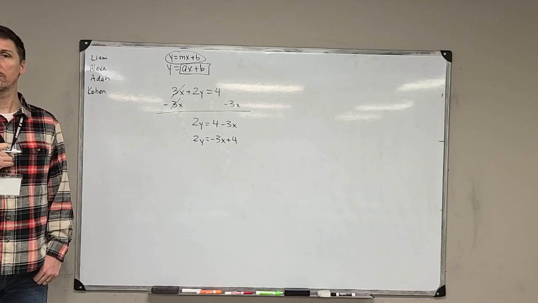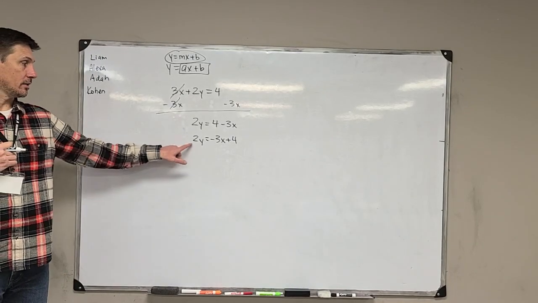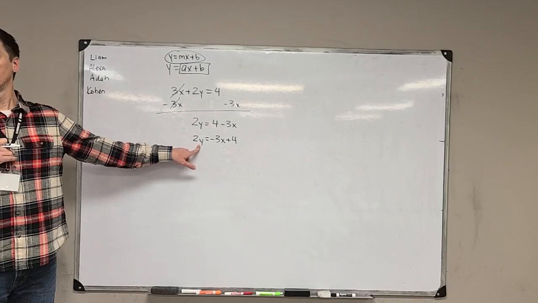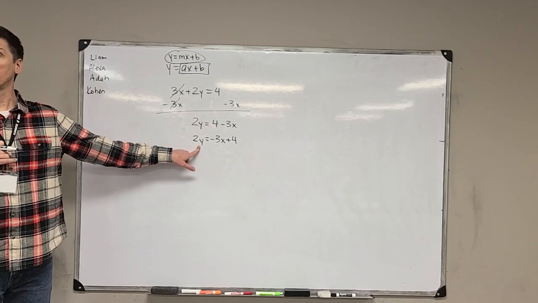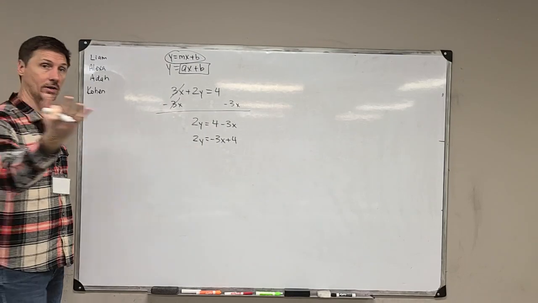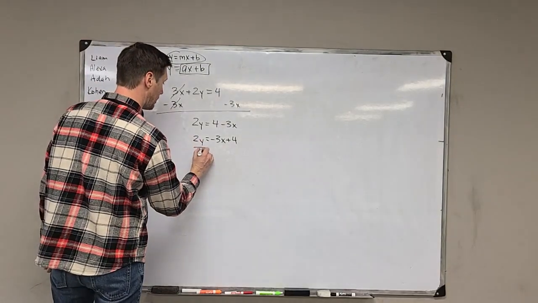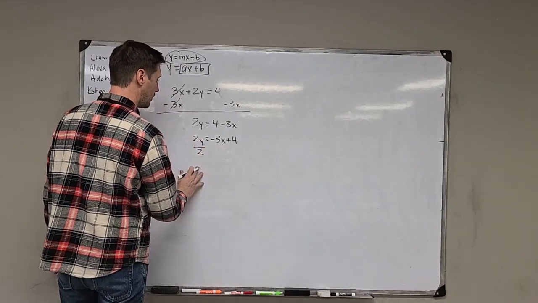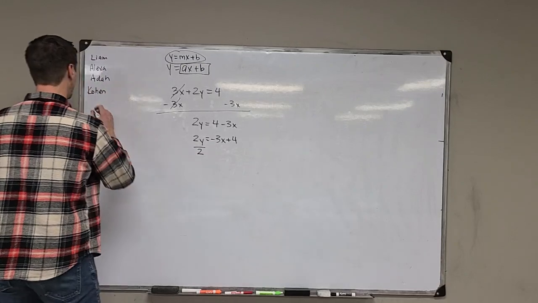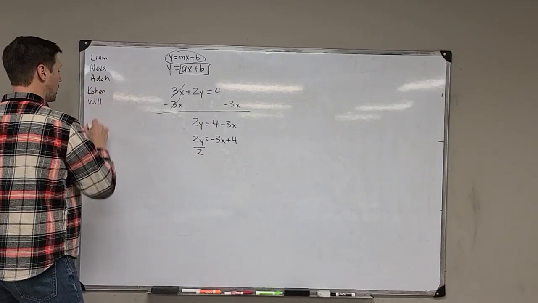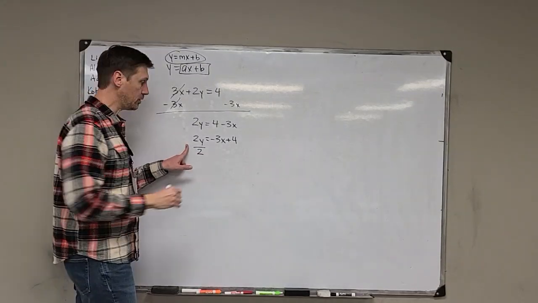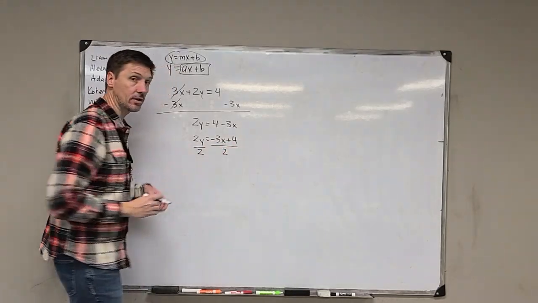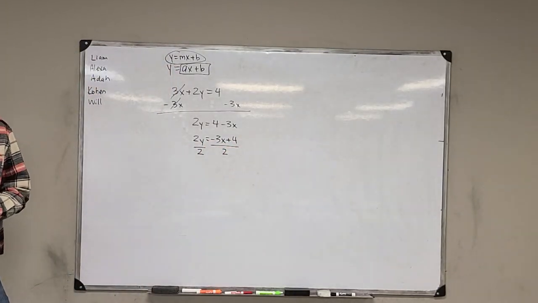What am I doing? Subtract from itself. Is it added to the y? So I don't want to use subtraction. I want to divide, right? These are multiplied together. So anytime they're multiplied together, we have to divide by it. So I have to divide by 2. And whatever I do to this side, I have to do the same thing to this side, right? I have to divide that whole side by 2.